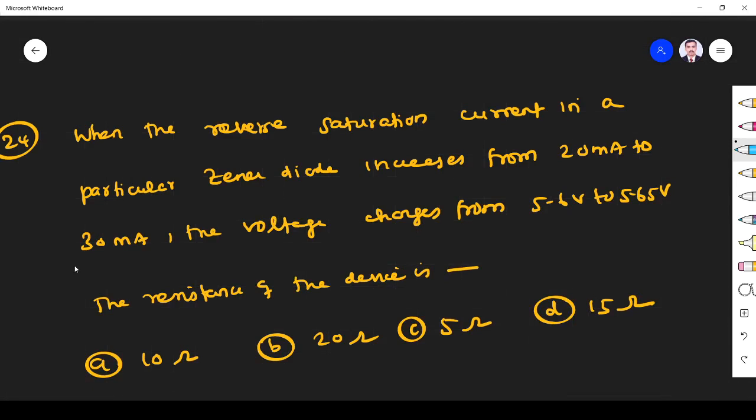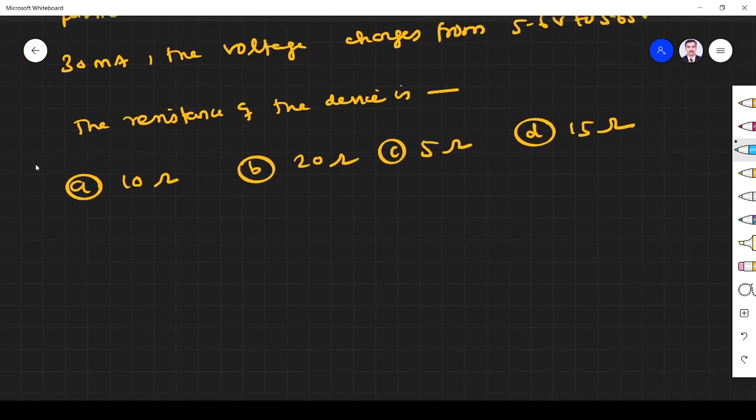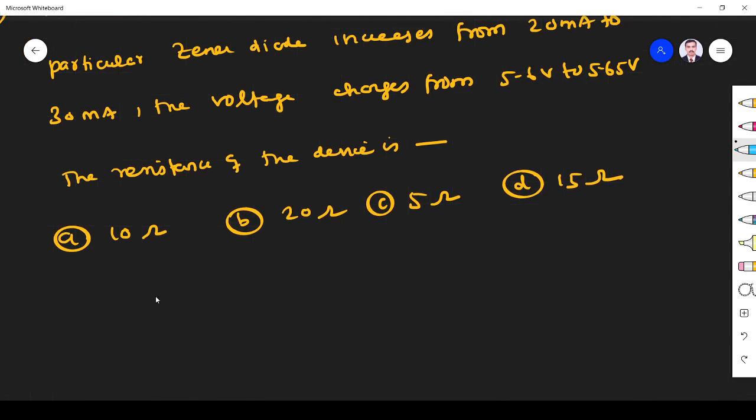Next one, when the reverse saturation current in a particular Zener diode increases from 20 milliampere to 30 milliampere, the voltage changes from 5.6 volt to 5.65 volt. What is the resistance of the device? So resistance of the Zener diode is given by change in voltage divided by change in current.